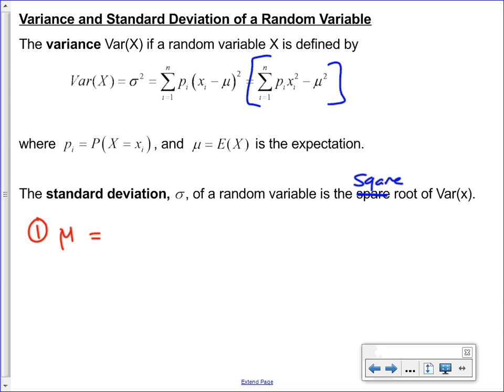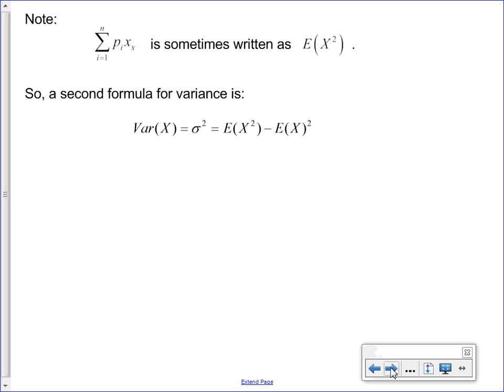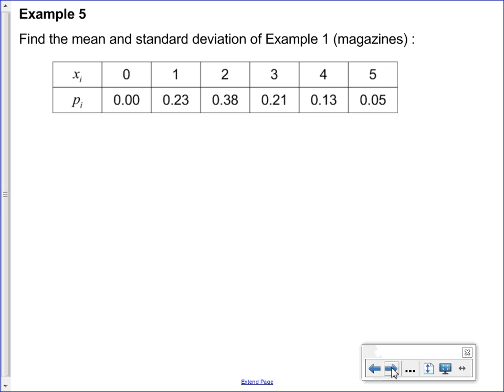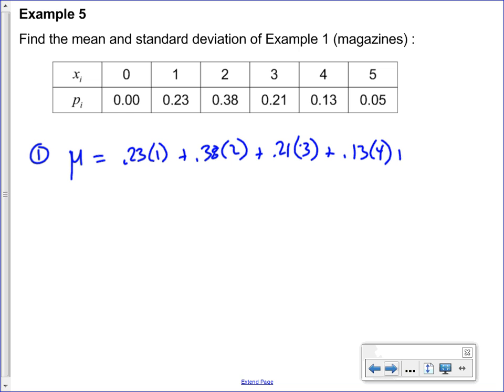The mu is the expected value for this thing. I'm just going to skip the 0, since 0 times 0 is nothing. From before, this is the magazine one. So this is 0.23 times 1 plus 0.38 times 2 plus 0.21 times 3 plus 0.13 times 4 plus 0.05 times 5.